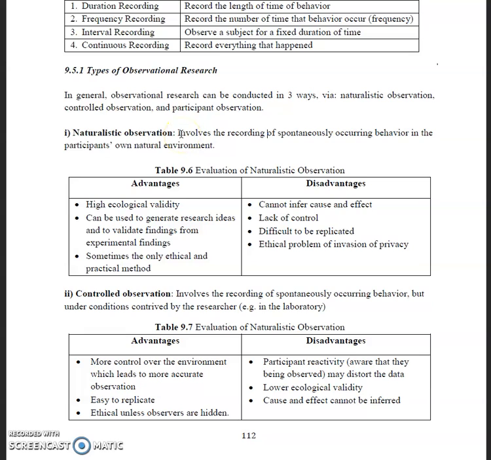The following note is on the types of observational research. Your book mentioned that there are 3 ways that an observational research can be conducted, and they are naturalistic observation, controlled observation, and participant observation. Again, this is not that complex to understand.